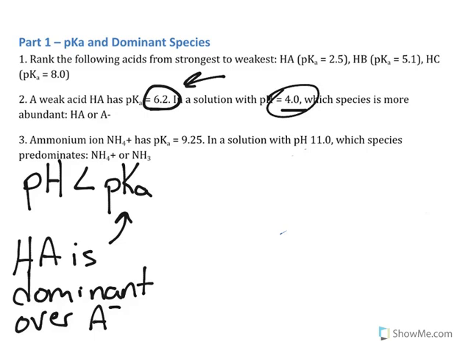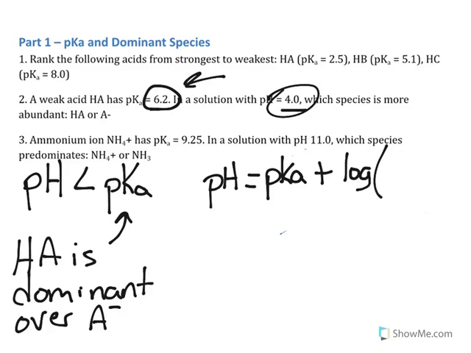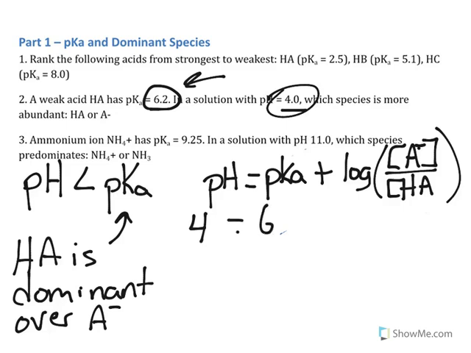Really, you could also tie this into the Henderson-Hasselbalch equation where pH equals pKa plus the log of the concentration of the base over the concentration of the undissociated acid. And if you start plugging things in here, you have a 4 for the pH and a 6.2 for the pKa.